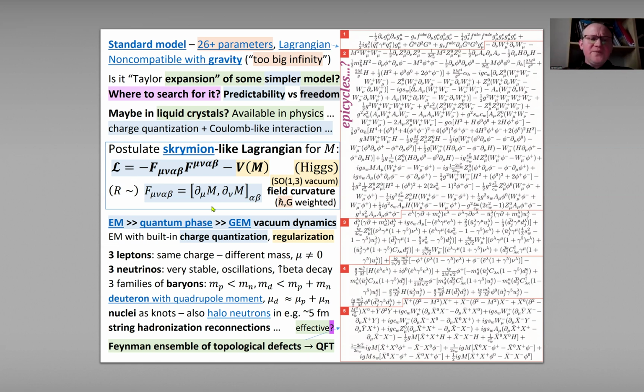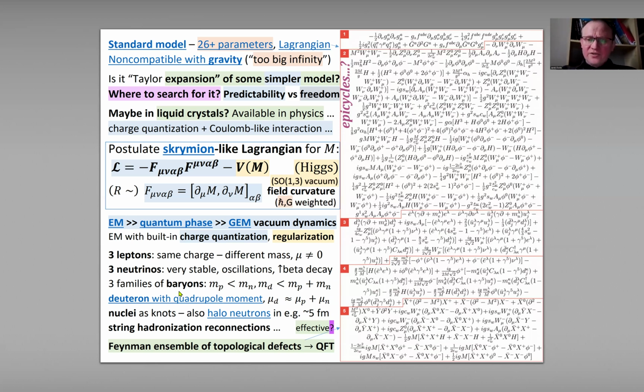Using this simple-looking Lagrangian, at least quantitatively, we get very good agreement with known physics, like the unification of electromagnetism, quantum phase, and gravity. We get charge quantization and regularization of singularities to finite energy. With three leptons as the hedgehog of one of the three axes, neutrinos as topological vortex loops, very stable, oscillating, coming from beta decay.